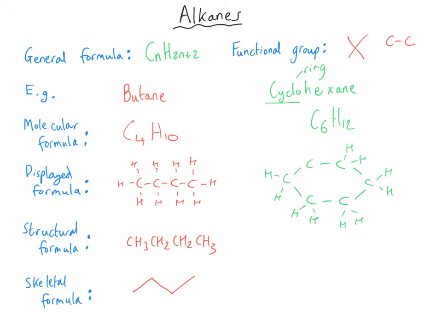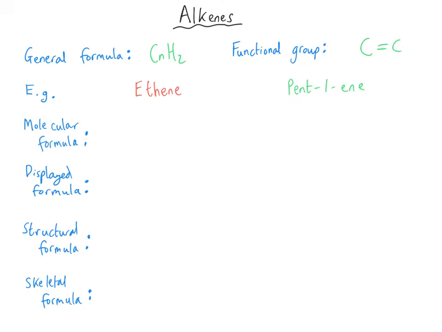So this displayed formula takes quite a long time to draw. The structural formula and skeletal formula for cyclo compounds are actually the same thing, which is quite nice. It's just drawing the shape like you would draw it in maths. So the structural formula for this ring of 6 is the hexagon, and the skeletal formula is the exact same thing.